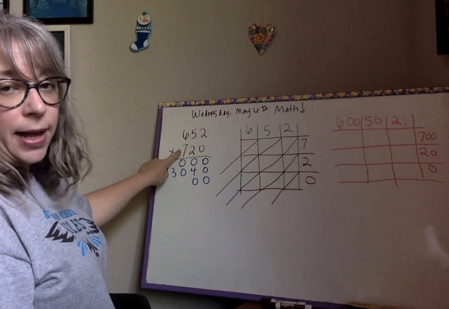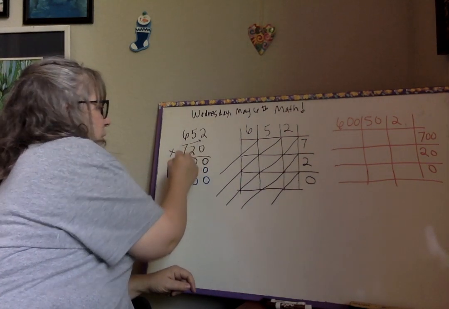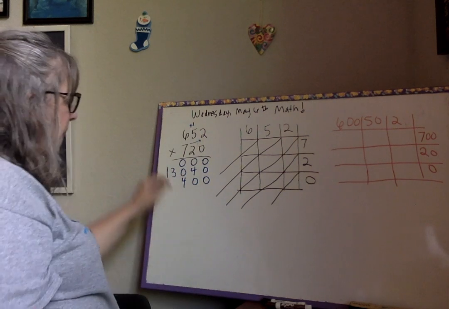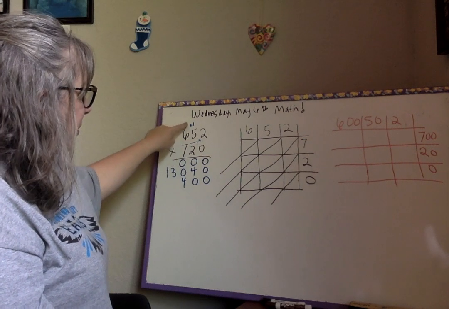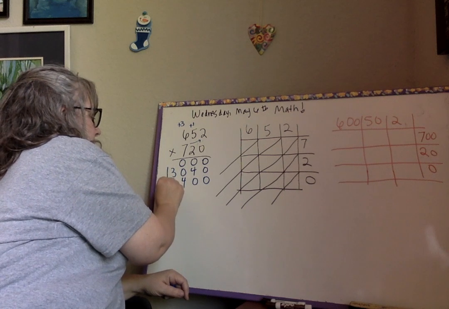So now we can multiply our hundreds place. So 7 times 2 is 14, so plus 1 and bring your 4 down. 7 times 5 is 35, plus 1 is 36. So put your 3 there and your 6 down there.